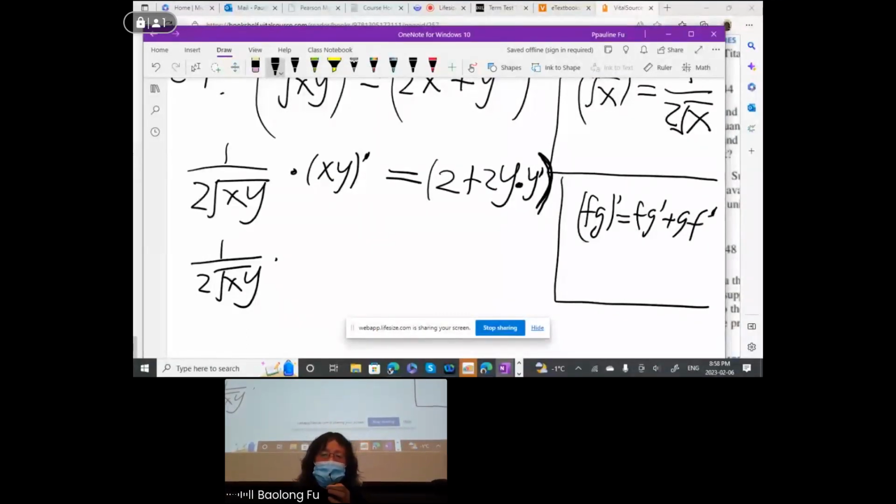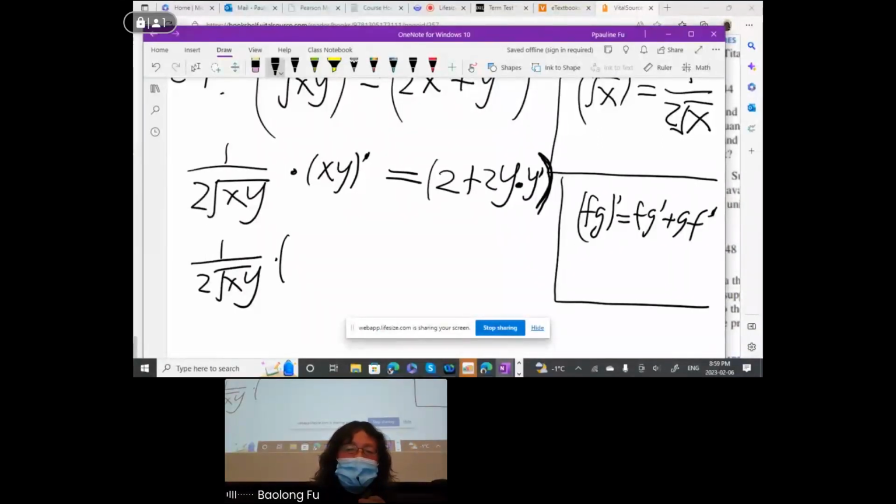This is the product rule. So apply this to x times y.